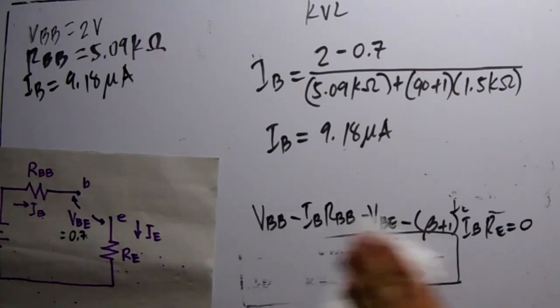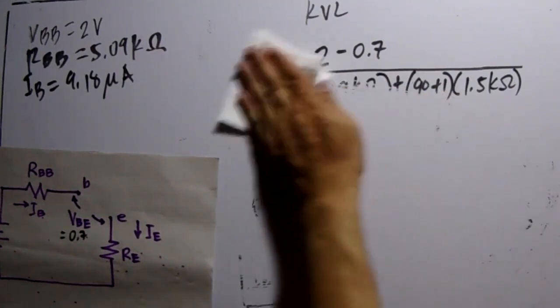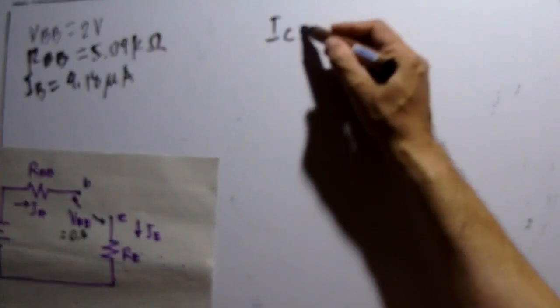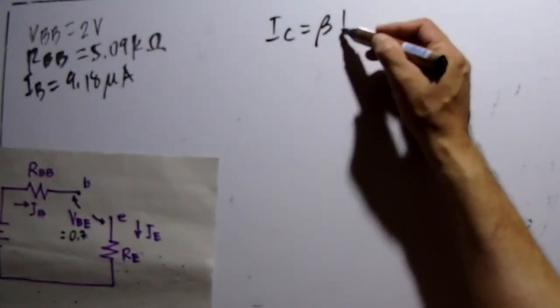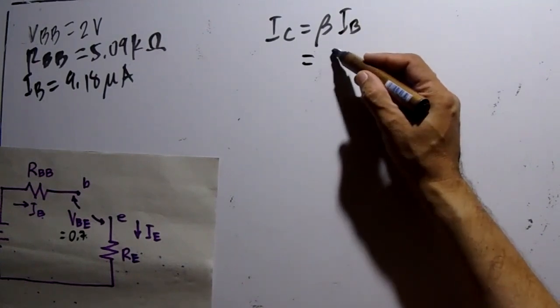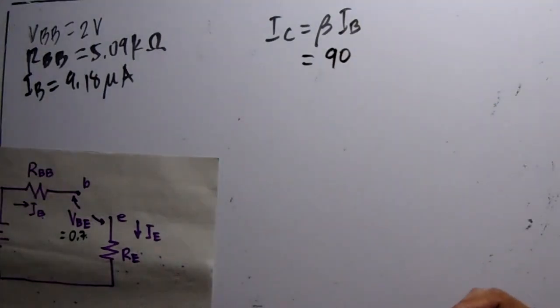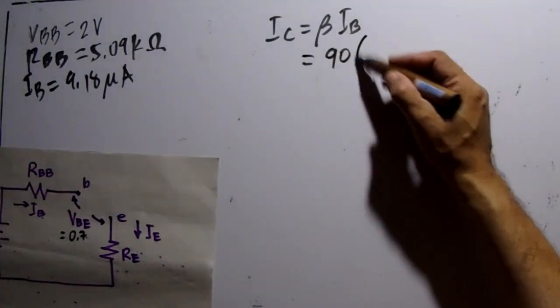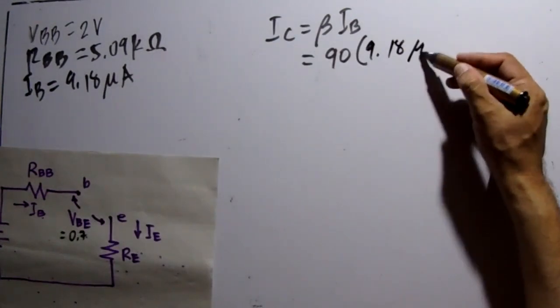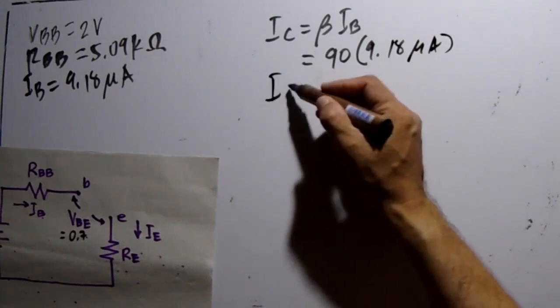Now we need the value of IB in order to solve for IC. IC is just equal to beta IB, and since beta is equal to 90, substituting that value and also IB, 9.18 microamperes, we can find IC.